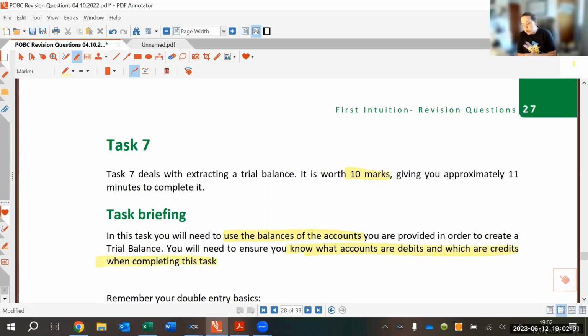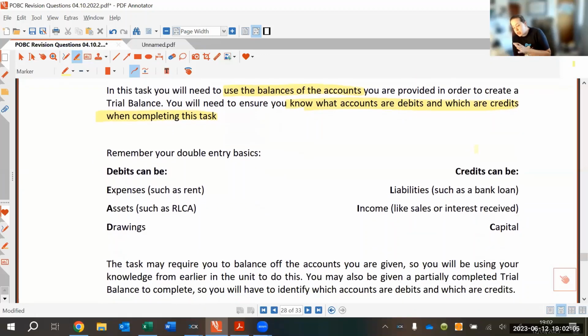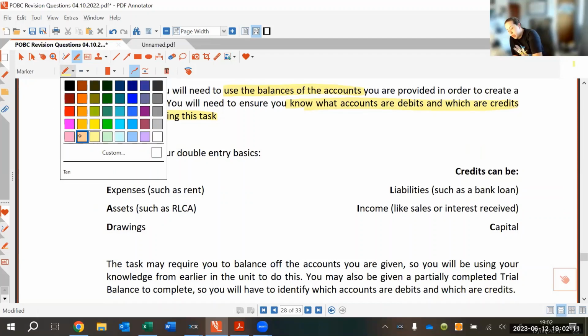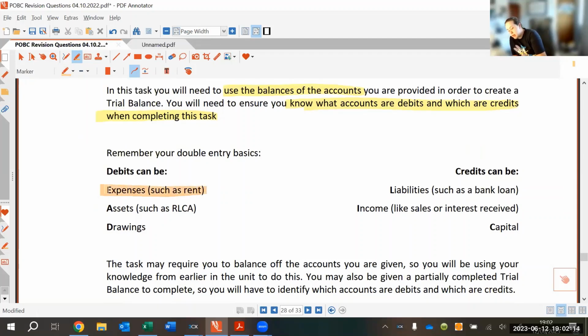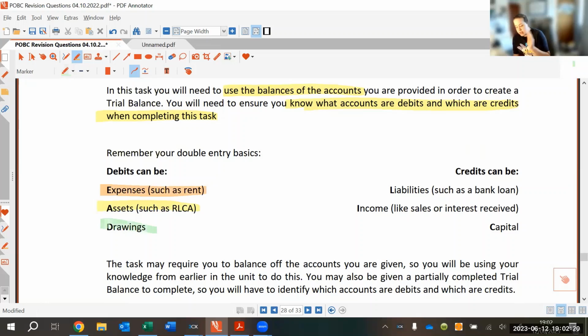With that in mind, there's not much to this task briefing, but just keep the debit and credit rules in your mind. Any expenses or any assets, and you might have a drawings account, any accounts that fall into those types will have a debit balance on the trial balance.